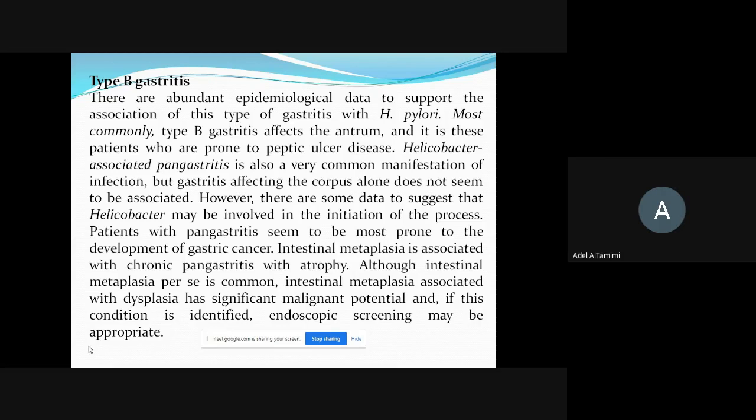Intestinal type يعني small intestine and large intestine with chronic gastritis and atrophy.